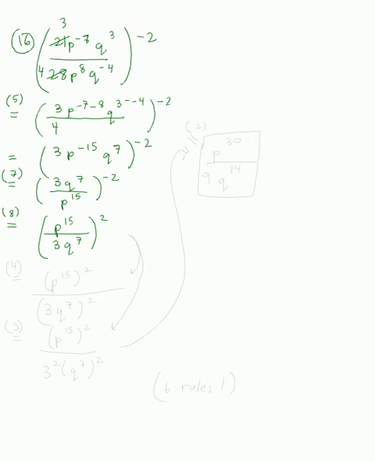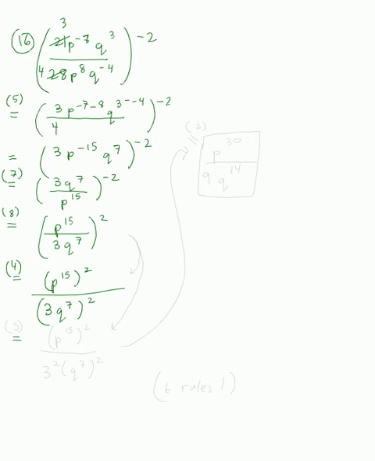What do I get? Well, according to the power rule for a quotient, I just raise each term to the power. This becomes p to the 15th squared over 3q to the 7th squared. What rule did I use here? I used the power rule for a quotient, so this is rule 4.